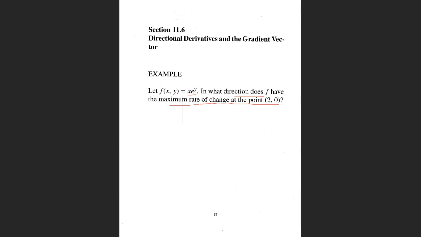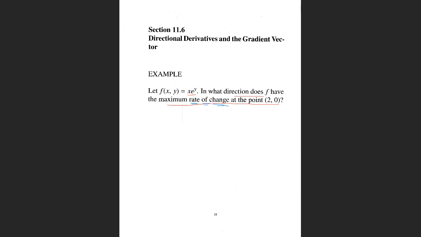So now they're not just looking for a rate of change. They want to know what the maximum rate of change is. In other words, in what direction is the surface increasing or decreasing? I got to be careful here. In what direction is the surface increasing the most?